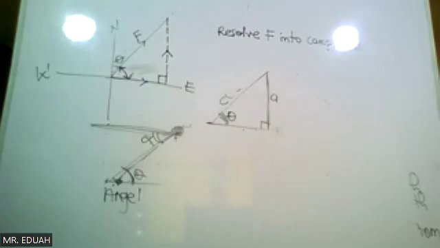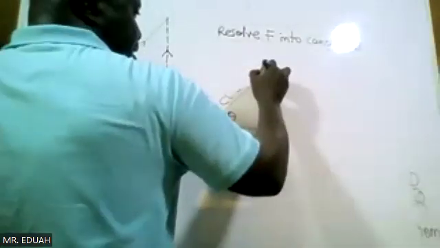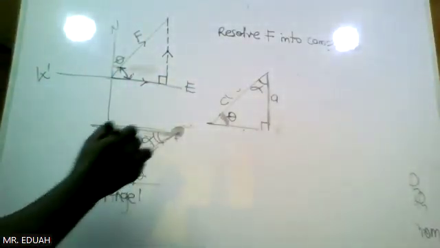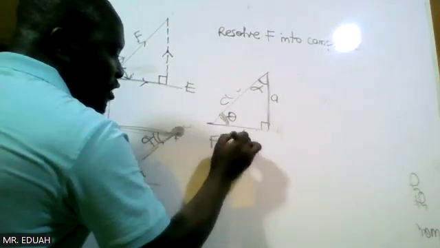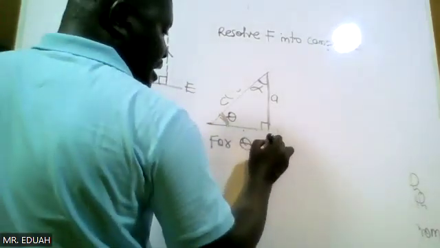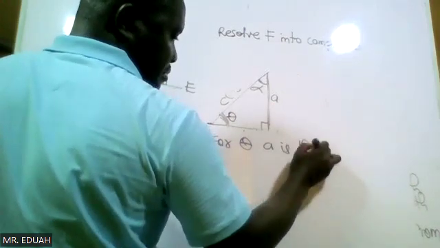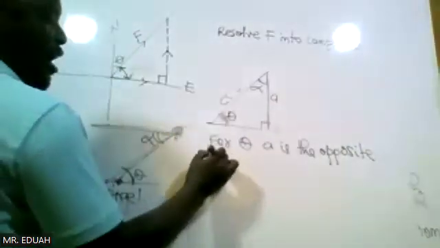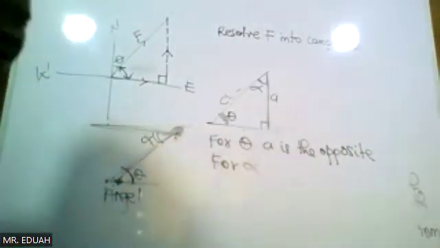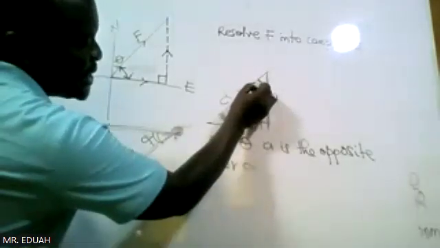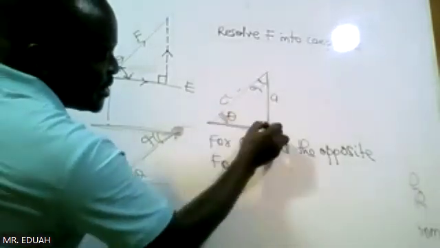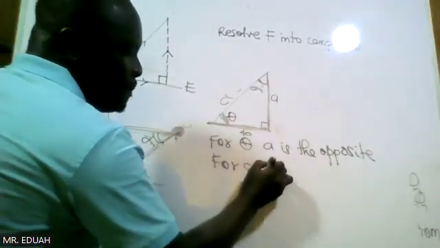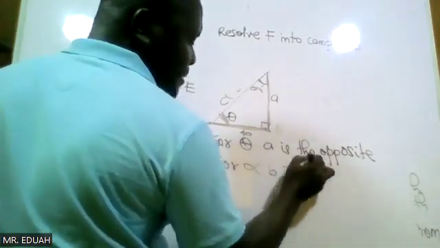If the angle is changed, and this time we are talking about this angle, maybe alpha, then for theta, A is the opposite. Now for alpha, the side which is opposite to alpha is this side. So for alpha, B is the opposite.